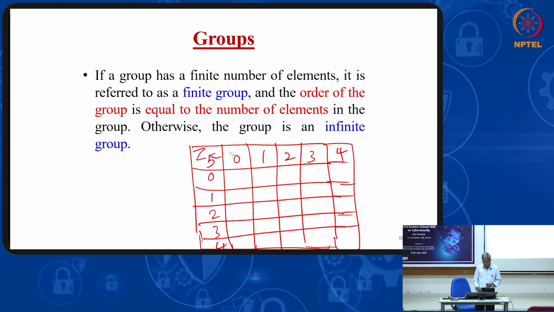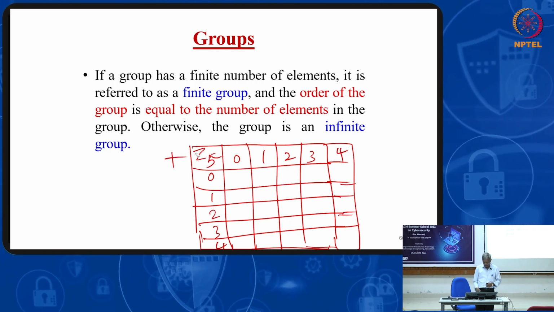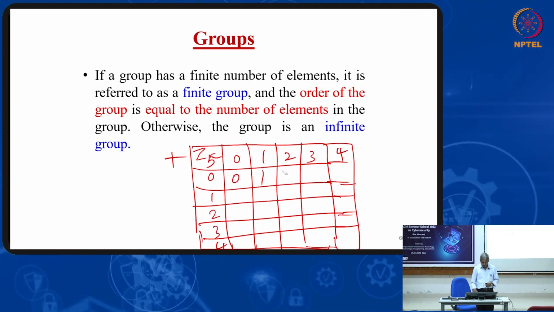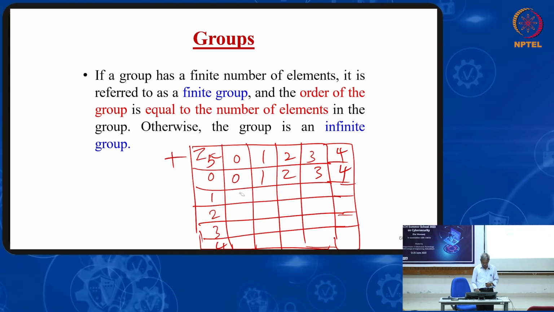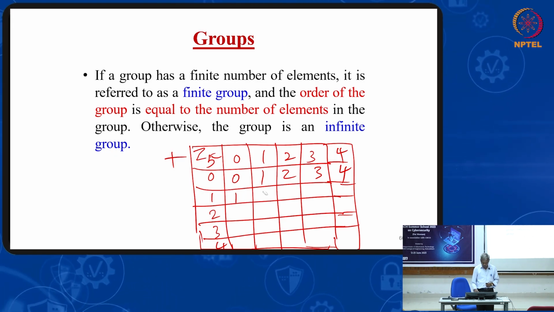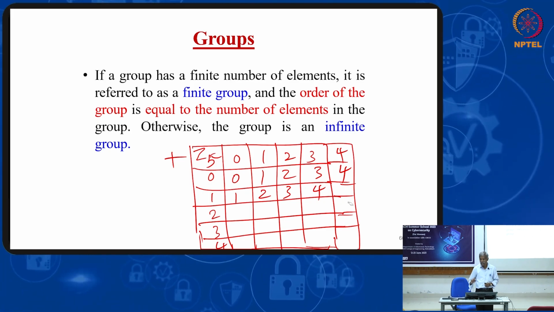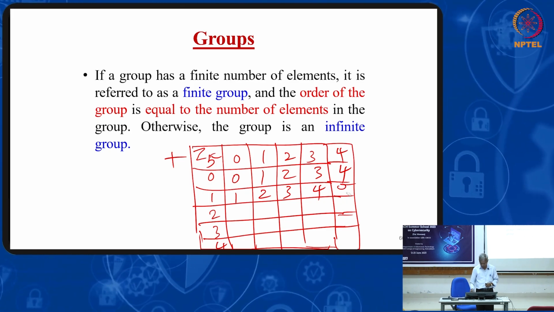I am going to add 0 plus 0, 0 plus 1, 0 plus 2, 3, 4. Here 1, 2, 3, 4, 5 mod 5, 0.